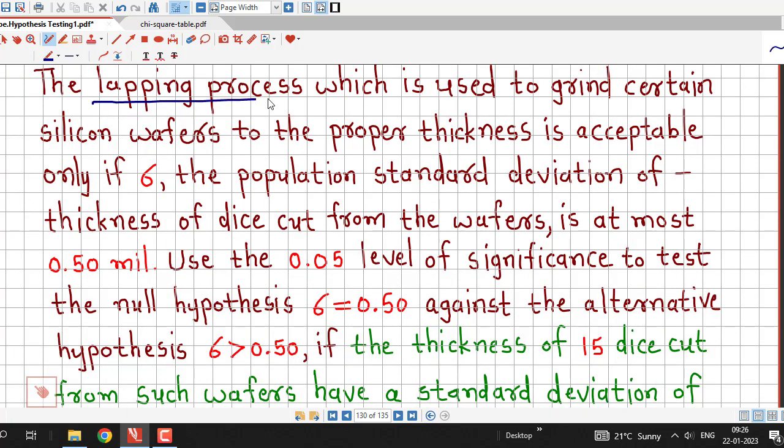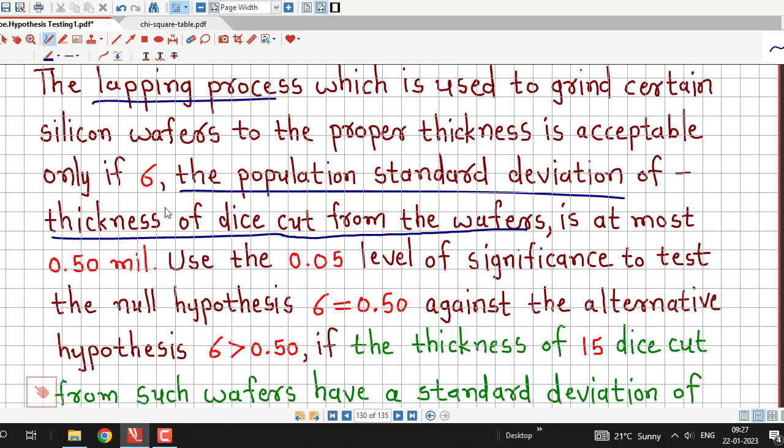The lapping process, which is used to grind certain silicon wafers to the proper thickness, is acceptable only if sigma, which is the population standard deviation of thickness of dice cut from the wafers, is at most 0.50 MIL.